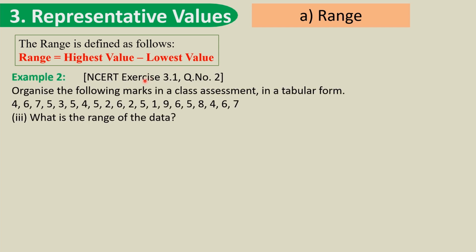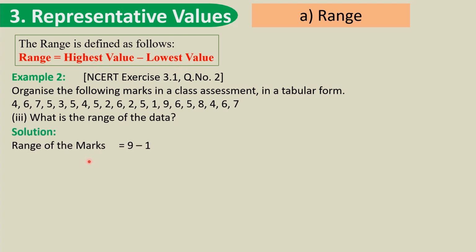Same question I am taking here, organized in tabular form. Sub question 3. The first and second sub questions we did in example 1. Here in example 2, I am going to do sub question 3. What is the range of the data? The range can be calculated by the equation highest value minus lowest value.